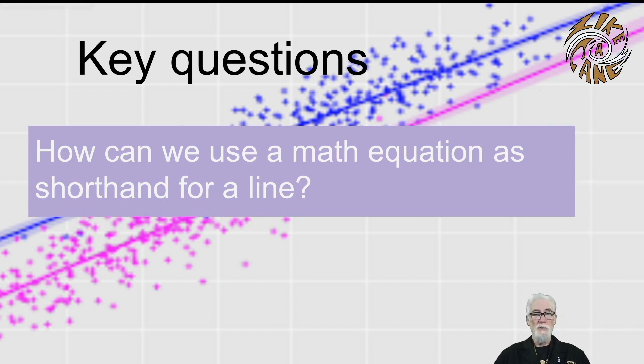Another thing we want to know is, how can we use a math equation as a shorthand for a line? So rather than having to draw a graph and draw a line and then read off that graph, there is a quick way that we can condense a math equation out of a graph and have this little shorthand input and output device that can help us use our model to make predictions very easily.